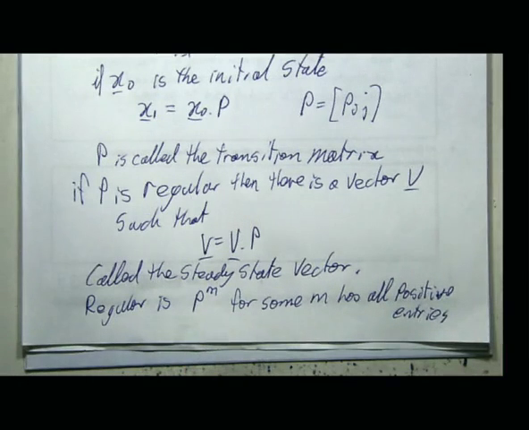So regular is some power of P has all positive entries. So we're going to have to pause momentarily for a second here and go, P is a transition matrix, so every term inside of P is a probability. That means it lies between 0 and 1. All right? Now typically when we construct a transition matrix, we get some zeros in there.